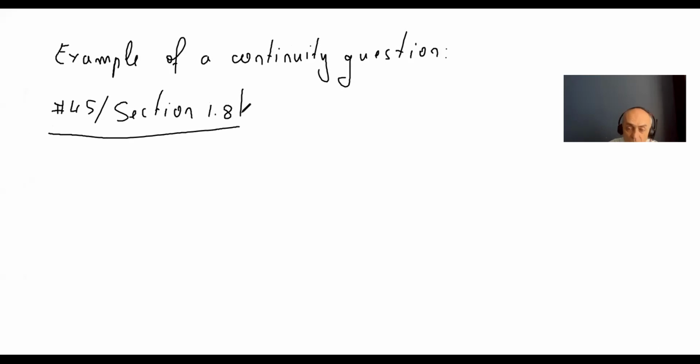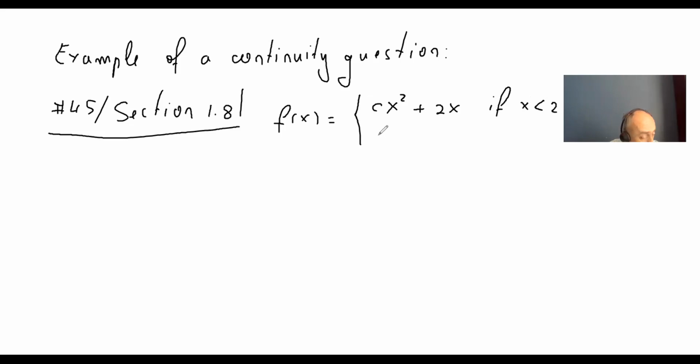Over here, we have a given function with the formula f of x equal to cx squared plus 2x if x is less than 2, and x cubed minus cx if x is greater than or equal to 2.